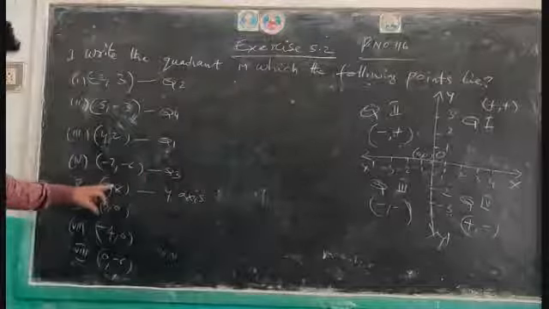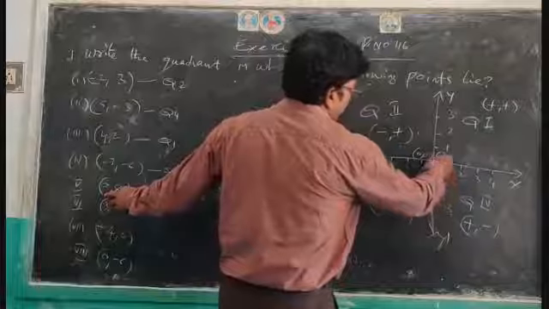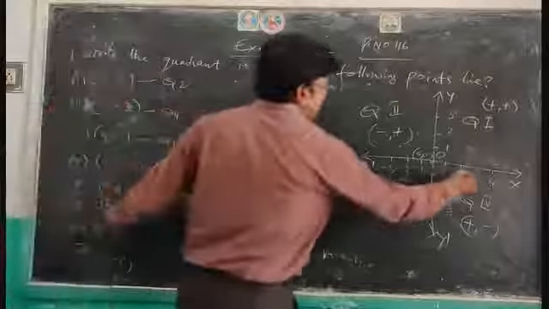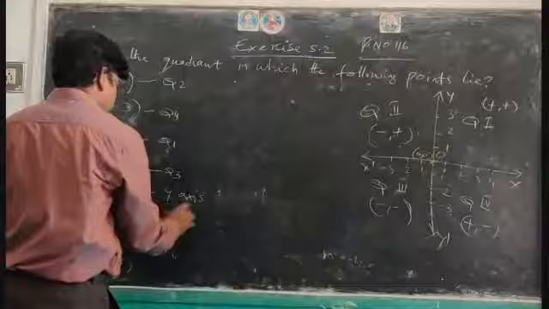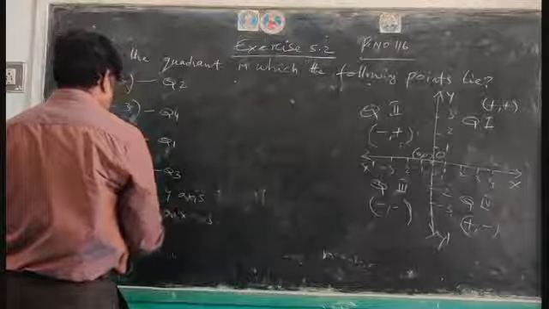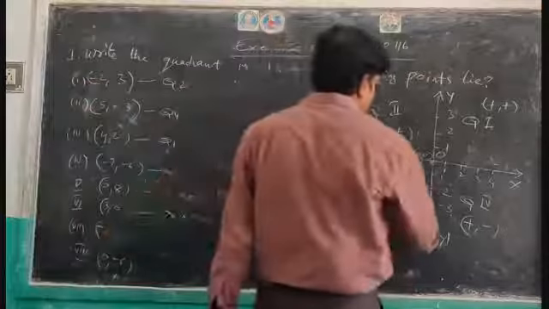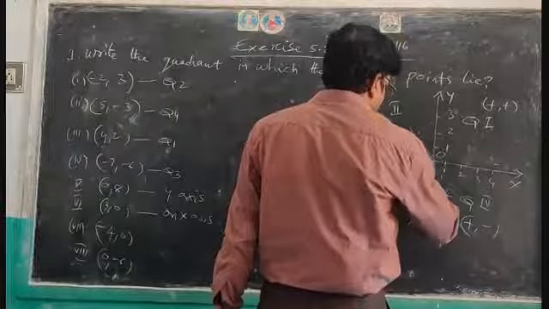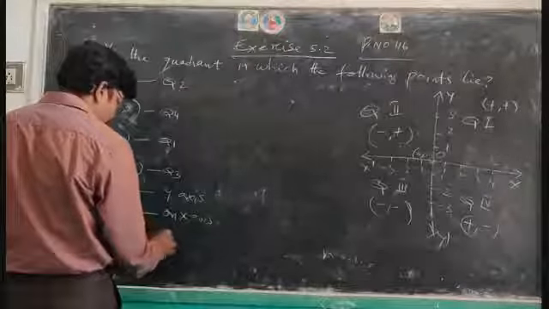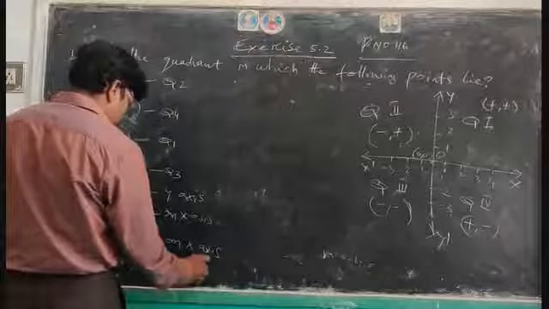On the y-axis, x is always 0. (3, 0): x is 3, y is 0, so it is on the x-axis. (-4, 0): x is -4 and y is 0, so it will be on the x-axis.